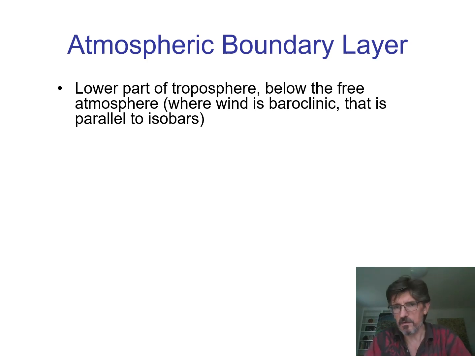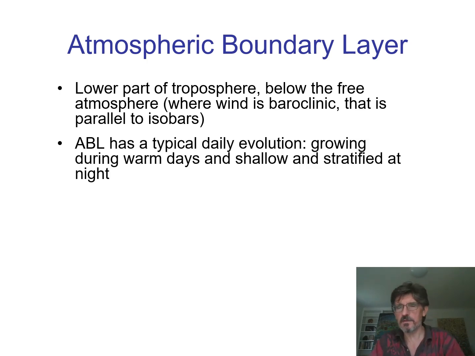As I said, it is the lower part of the troposphere. Tropo means motion in Greek, so it is the sphere where there is the most motion, the lower part, because there is lots of turbulence. Above it, there is the free atmosphere. As I said, it's a potential type of flow. The wind is baroclinic, meaning that it's parallel to the isobars in the upper part.